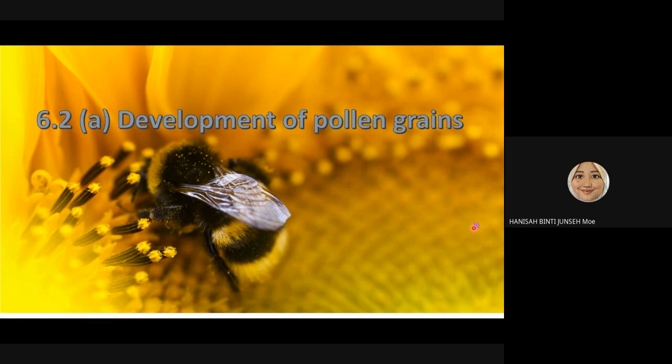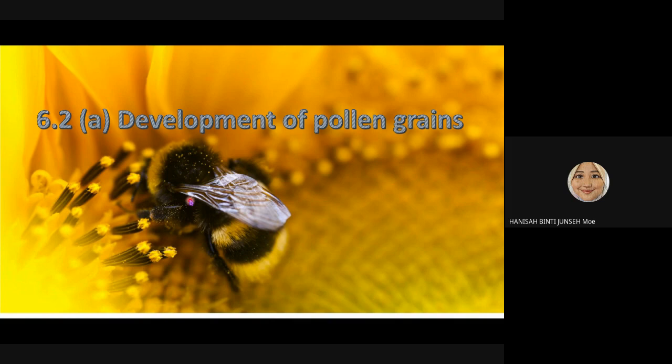All right. Bear in mind, pollen grains means male gametophytes. Grain itself is like sandy grains. As you can see in this picture, this is a busy bee. It shows there's a yellow dot, meaning that this pollen grain has stuck onto the bee's body.